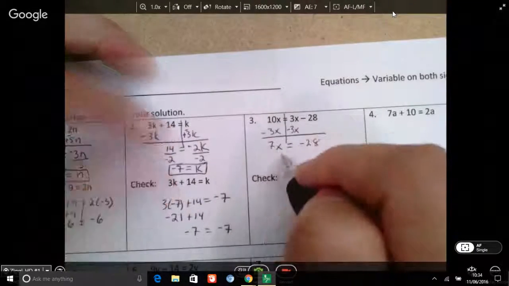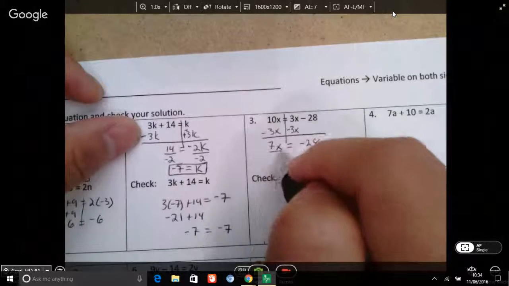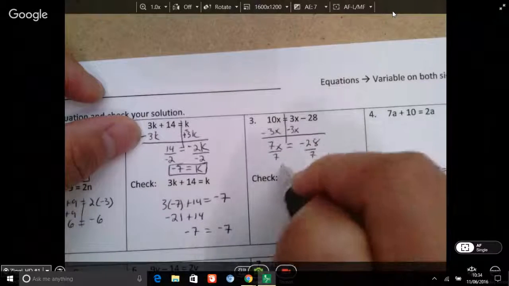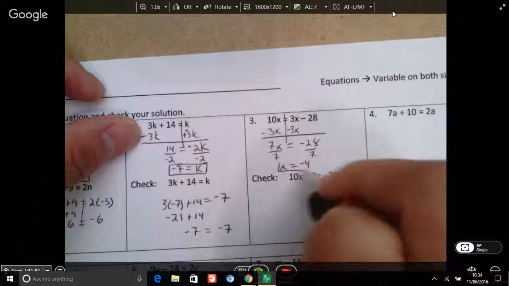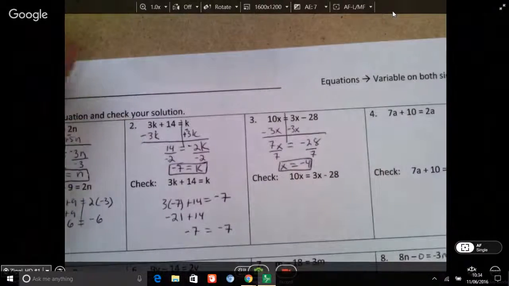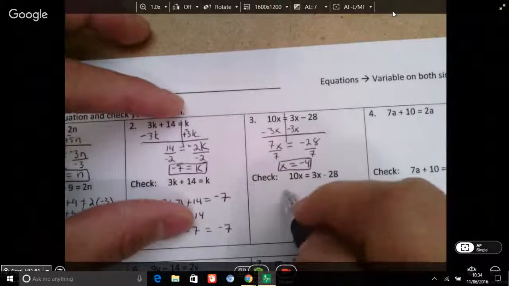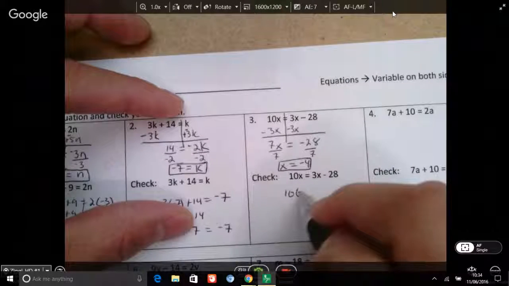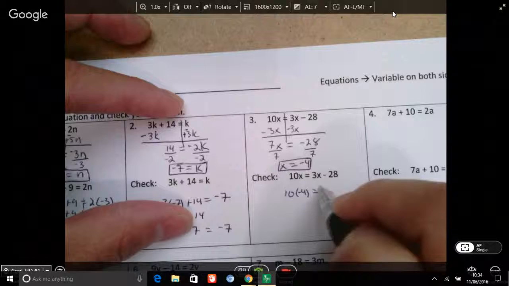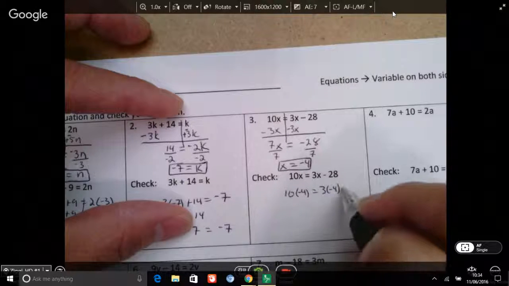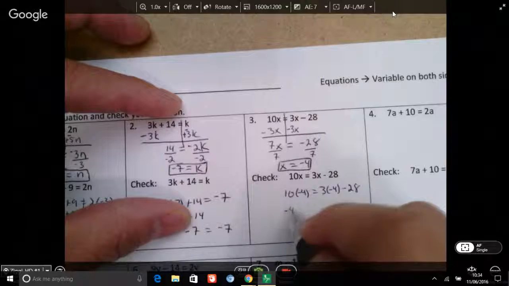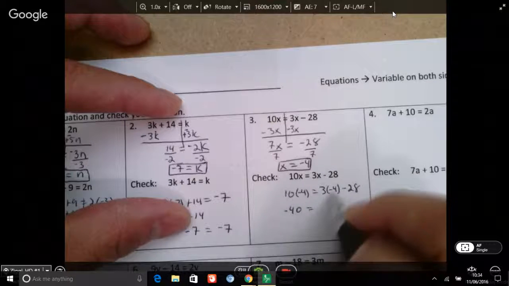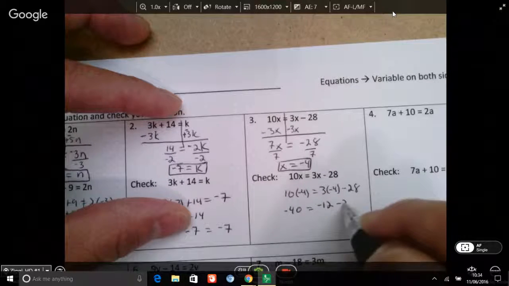This is 7 times x. Opposite operation is divide. Divide by 7. So x equals negative 28 divided by 7 is negative 4. Okay, so let's test to see if it works. 10 times x, so x is negative 4, equals 3 times negative 4 minus 28. So 10 times negative 4 is negative 40 equals, this is negative 12 minus 28.